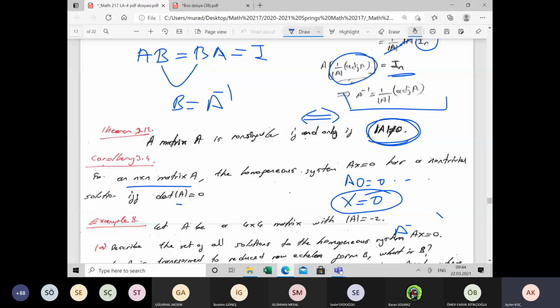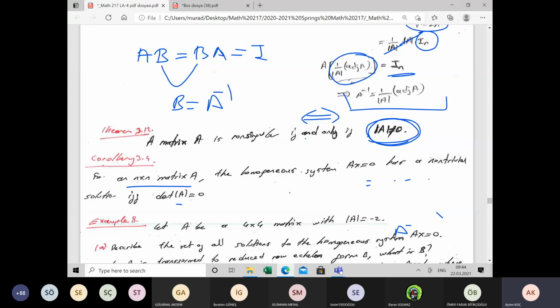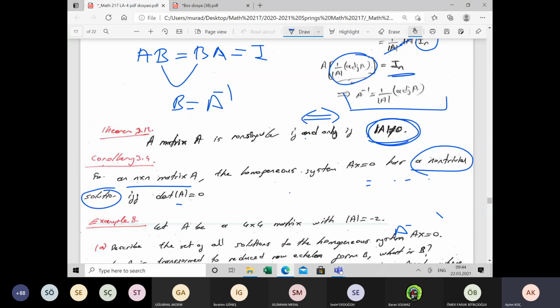So, the homogeneous system has a non-trivial solution if and only if the determinant of A is 0. This means that to check whether there is a non-trivial solution or not, you don't have to solve this system. Only take the coefficient matrix A and compute the determinant.